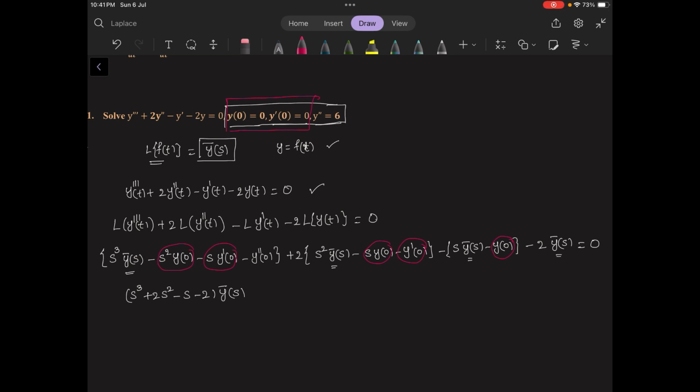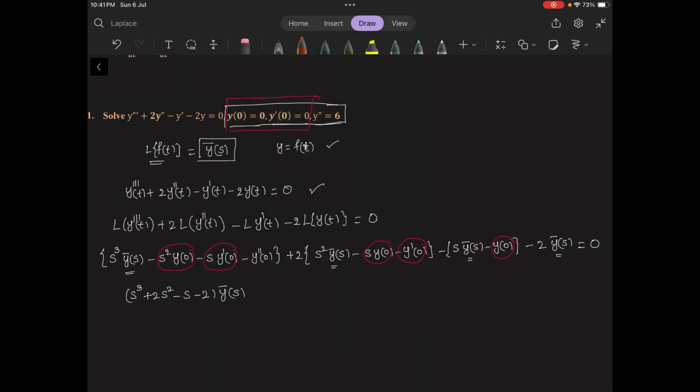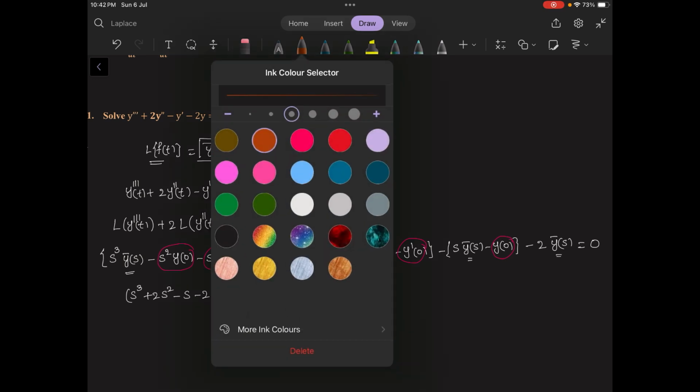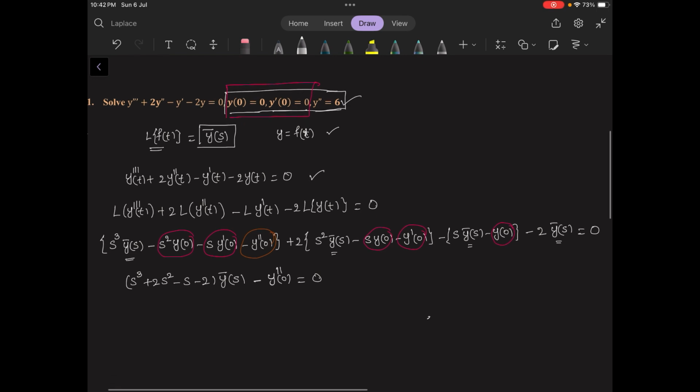So all these terms will become 0, only this term will remain the same. So I am going to write that term: minus y double dash of 0, and because y double dash of 0 is equal to 6, I am going to substitute that value.